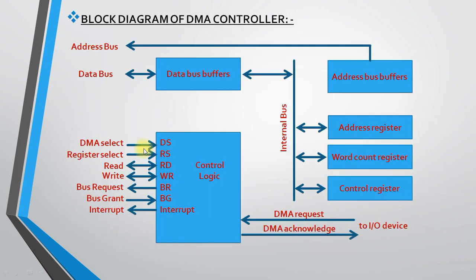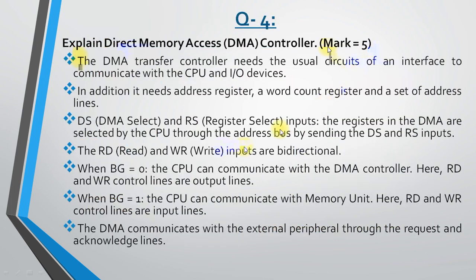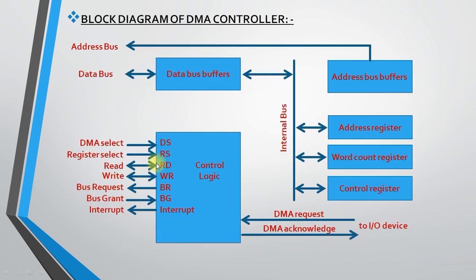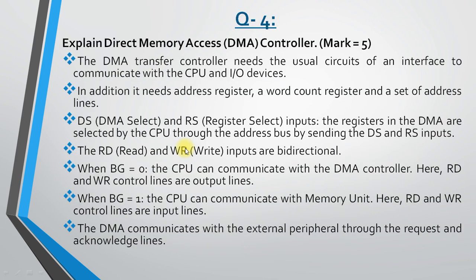We need to send DS and RS as input lines, and with the help of the address bus we are able to select the DMA register. Now, read and write are bidirectional, as I have told you that we have used arrows in both directions. So RD and WR, read and write, are bidirectional.